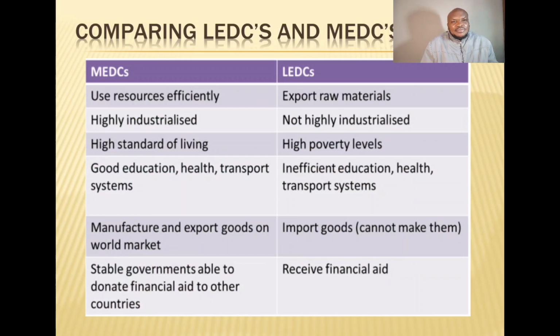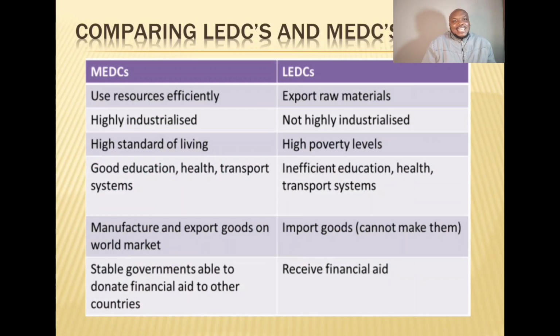And then now we have countries that are less economically developed, and then we have countries that are more economically developed. Let's compare the two so that we can understand the concept of development better. The more economically developed countries have resources and they use their resources efficiently.